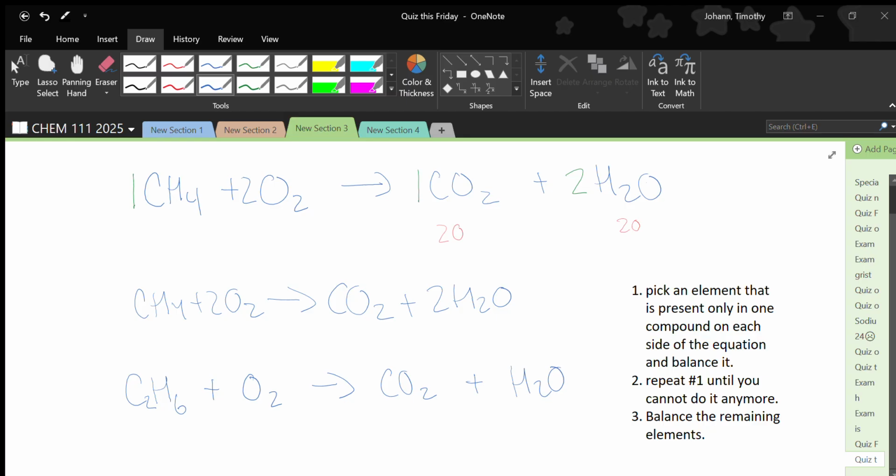Remember, you want to balance the easy ones first, which are almost never the oxygens. Balance the things that are present on one side at a time.